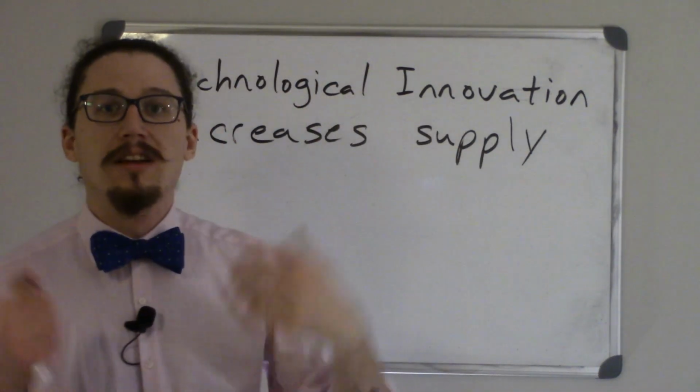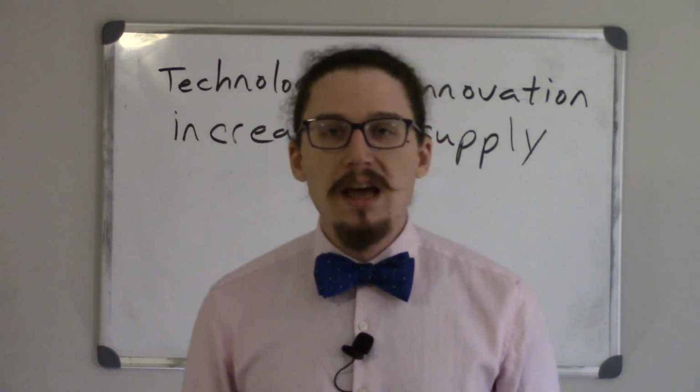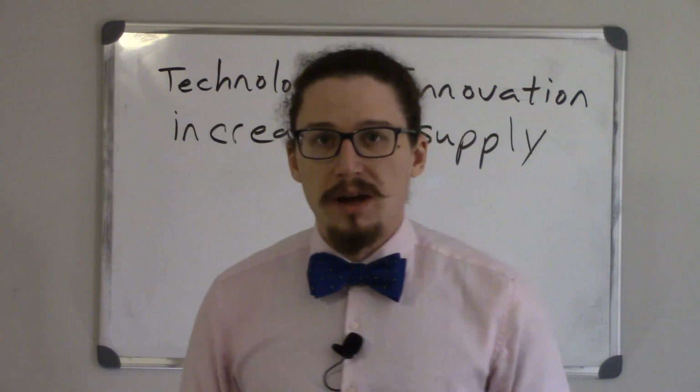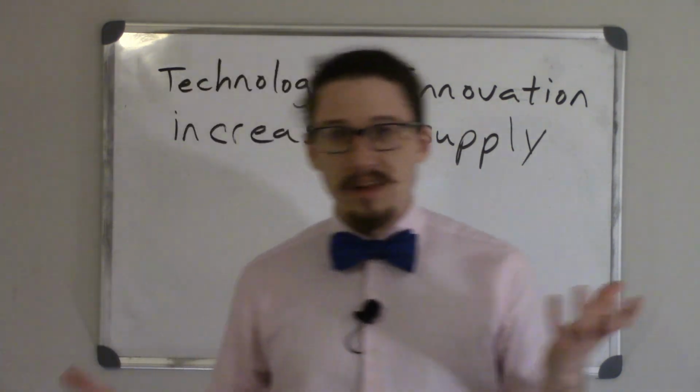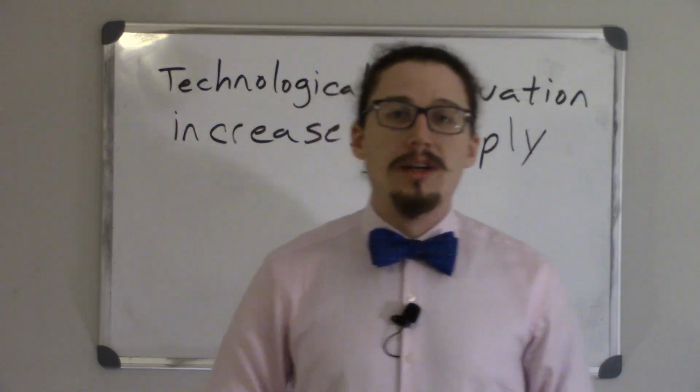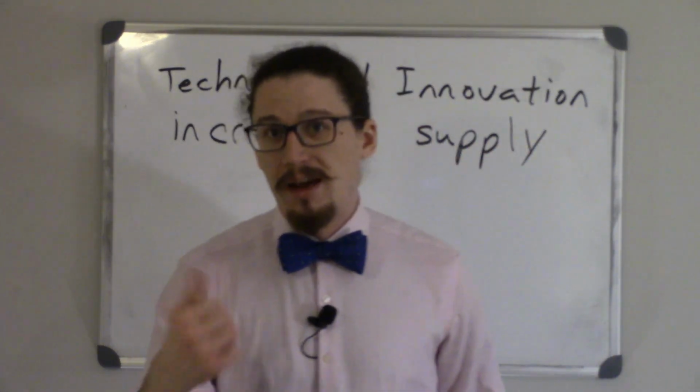That would be technological regression, you could say, and that would cause a huge decrease in supply. Because without anything electrical, a lot of jobs, in the short run, could not be done at all.